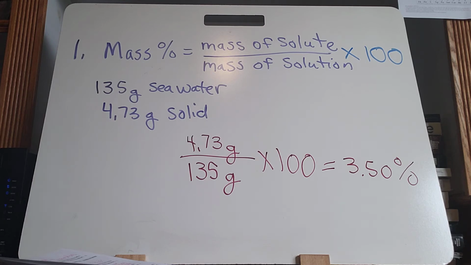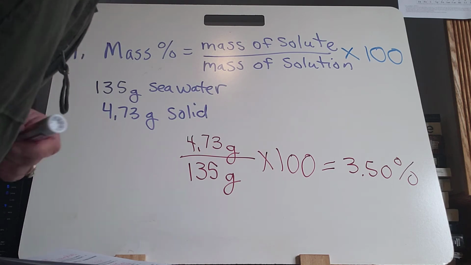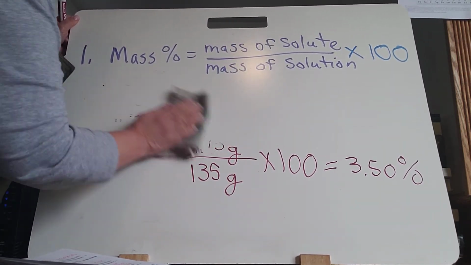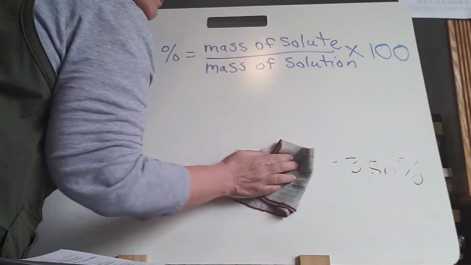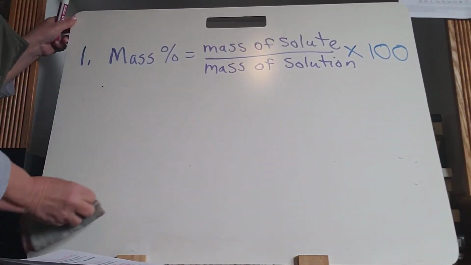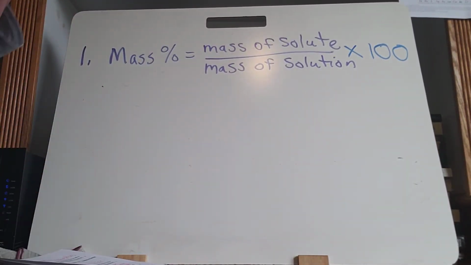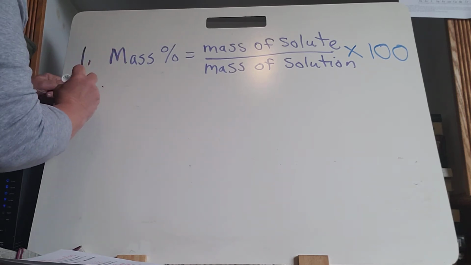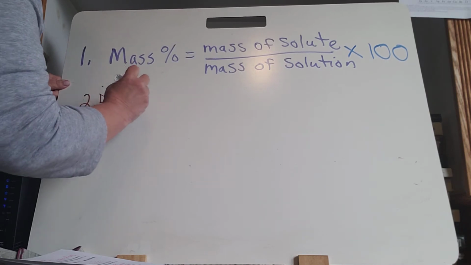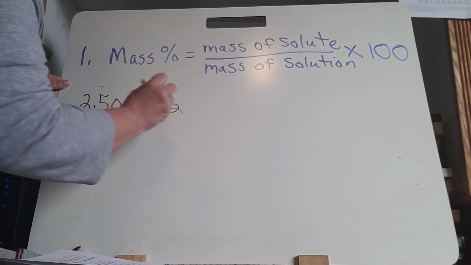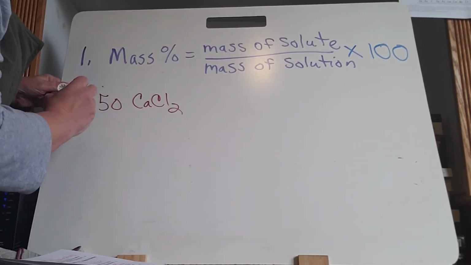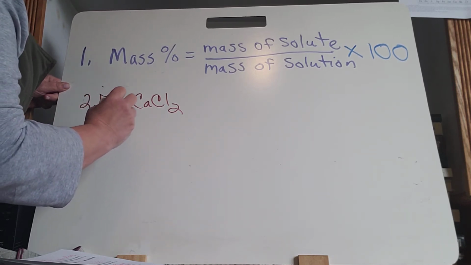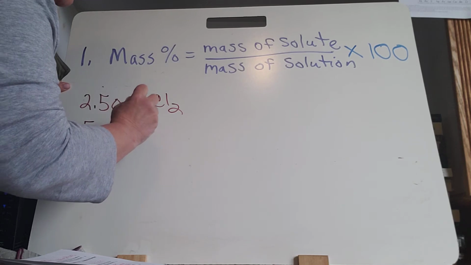So we're going to look at the second problem here, and I'm going to keep the same formula. And now I have 2.50 grams of calcium chloride and 52.5 grams of water.